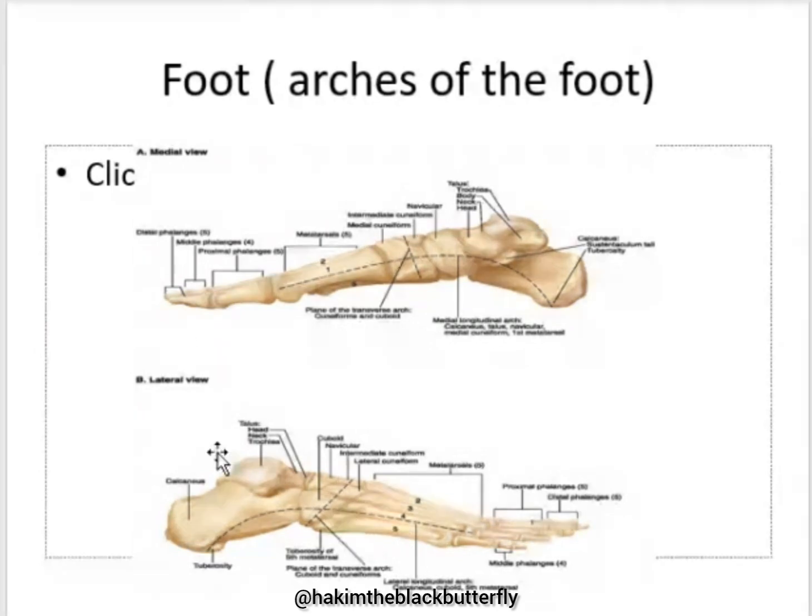I want you to go and read about these arches again, the bones which contribute to those arches, the joints within each of the arches of the foot, and the factors which lead to their stability.